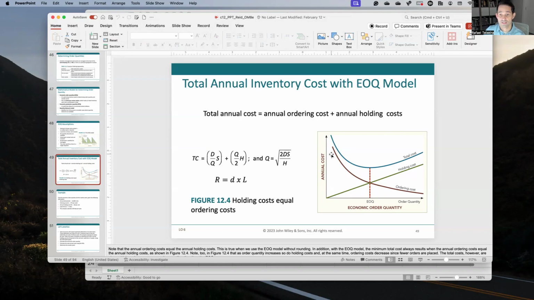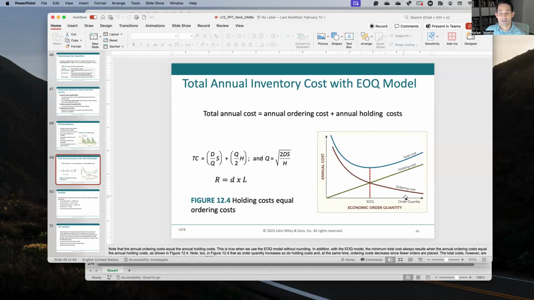As you can see in this chart, this line shows the holding cost. The bigger the quantity, you see this axis increasing, the quantity increases the holding cost. So the more quantity in inventory, the higher the holding cost.